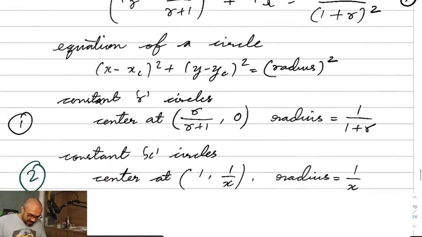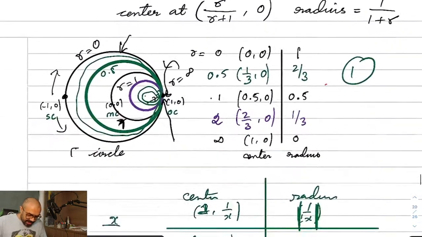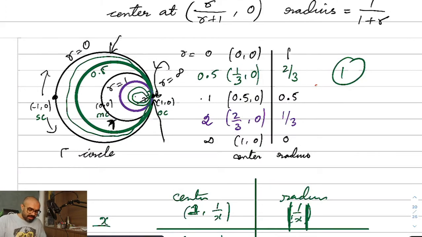To summarize, the parametric curves of type 1 have center at r by r plus 1 comma 0, radius 1 by 1 plus r, and type 2 has center at 1 comma 1 by x and radius of 1 by x. Let us quickly see what these loci look like.